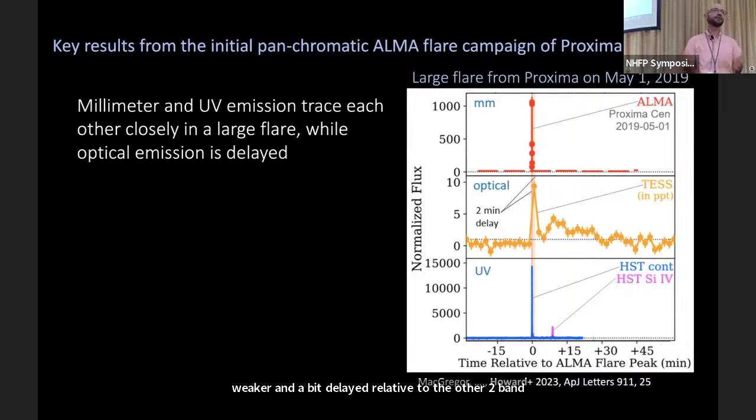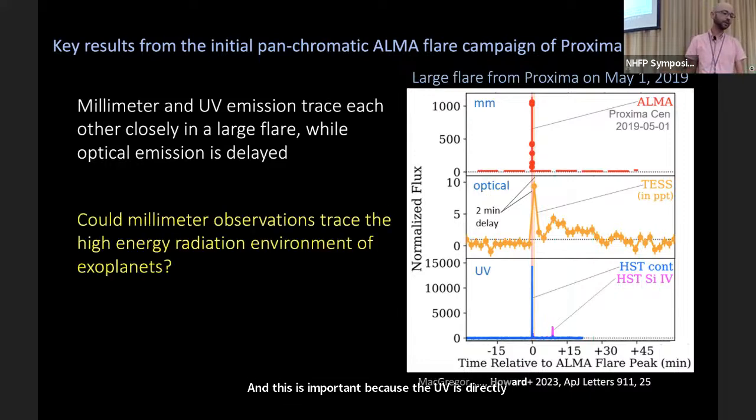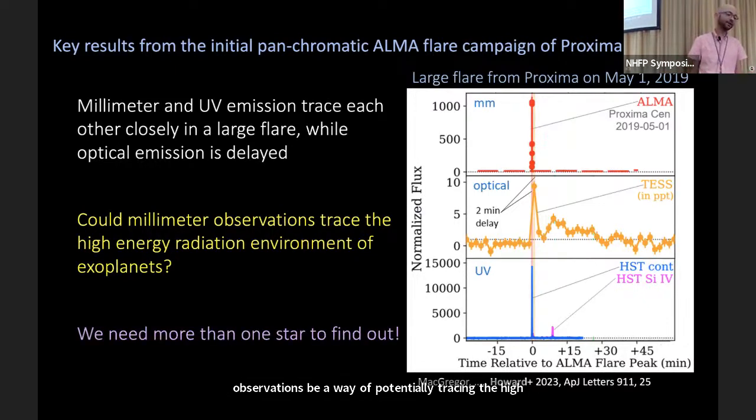This is important because the UV is directly relevant to photochemistry in exoplanet atmospheres. And this raises the question: could millimeter observations be a way of potentially tracing the high-energy radiation environments of exoplanets from the ground? However, we need more than one star to know if this is actually true, or if this just happens to be something unique to this particular flare on this particular star.